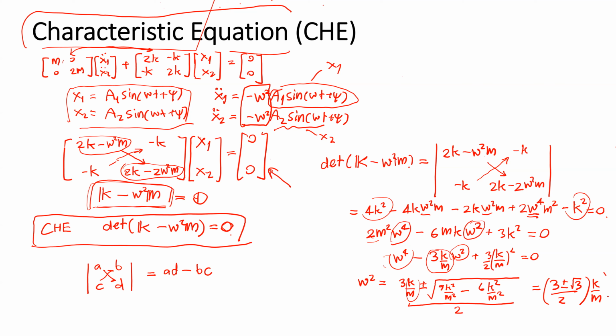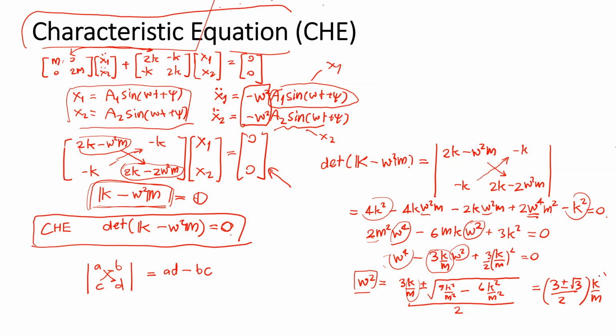Now it seems like the omega square can be these two possible values. How about the omega? This is omega square.